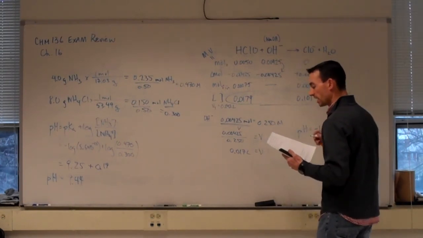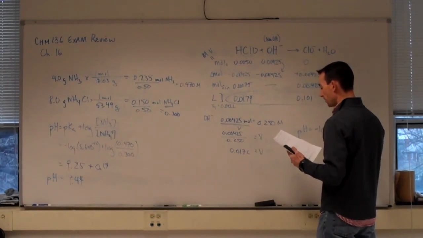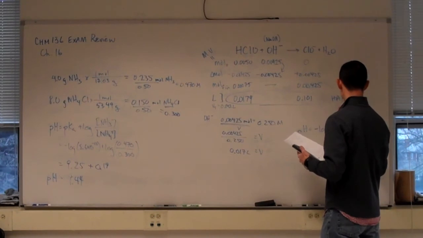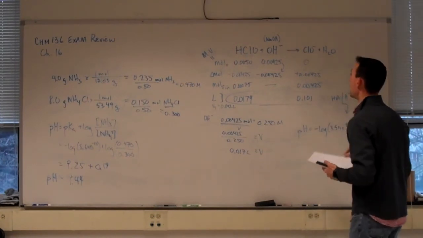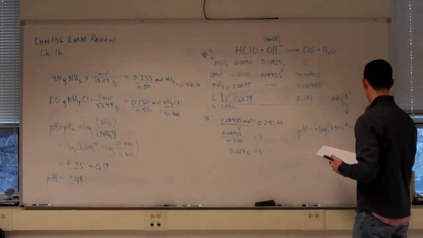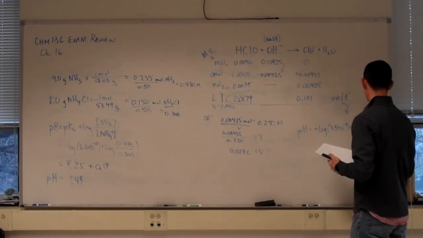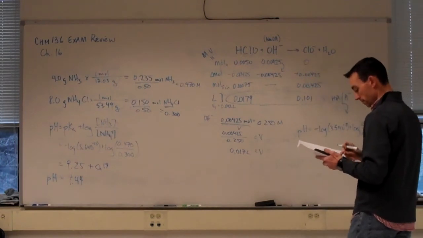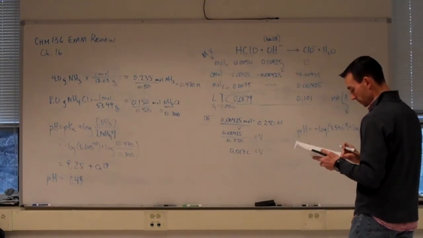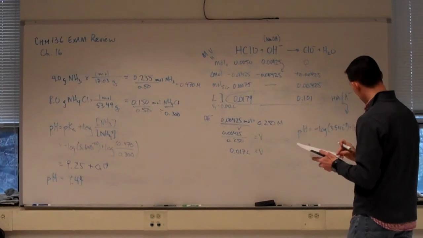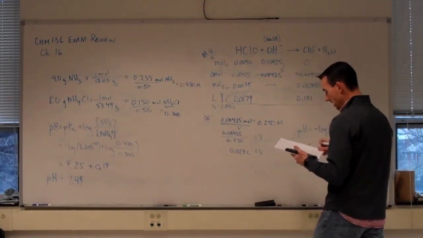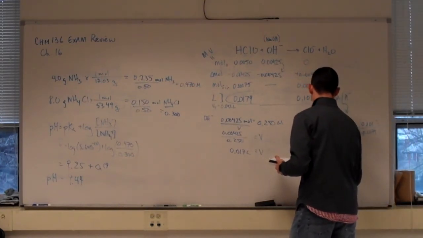Negative log of the Ka, which is given 3.5 times 10 to the negative 8, plus the log of our base, 0.101, divided by our acid, 0.179. And I come up with a pH of 8.21.